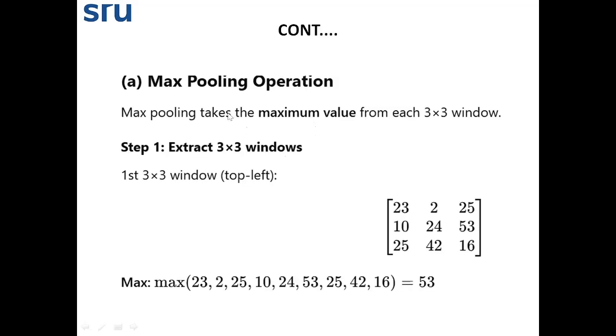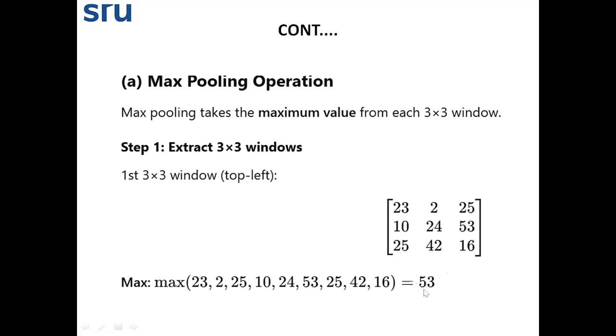Max pooling. First, max pooling takes the maximum value of the 3 cross 3 window. Extract the 3 cross 3 window, say top left. Then we have to take the maximum value of all elements here. So the maximum value here we are getting is 53.